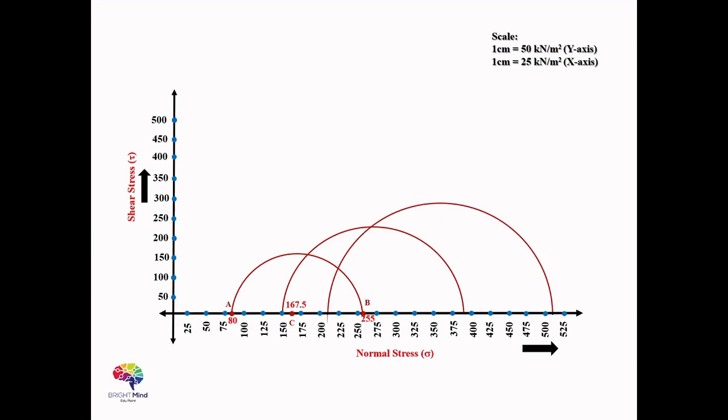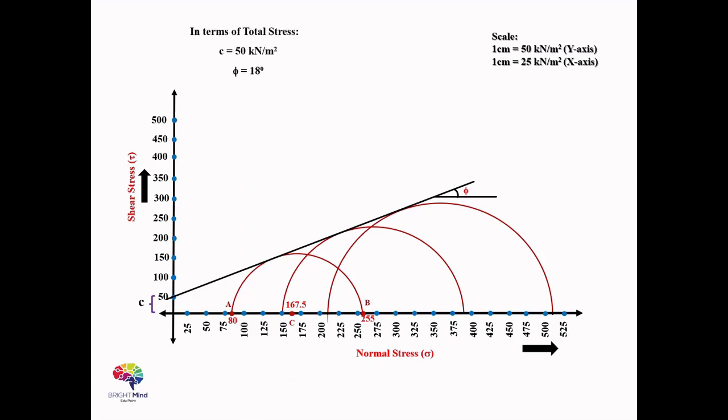Once all the three Mohr circles are drawn, we'll draw a tangent which will be touching all the three Mohr circles. We'll note down the intercept and the slope angle. The intercept will give us the value of the cohesion and the slope angle will give us the value of the angle of internal friction.